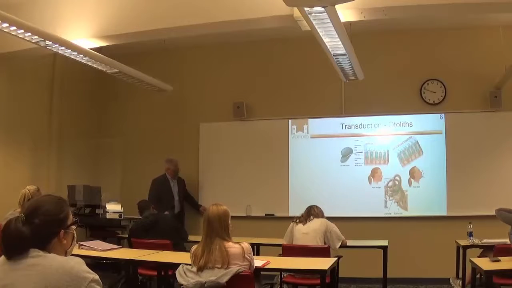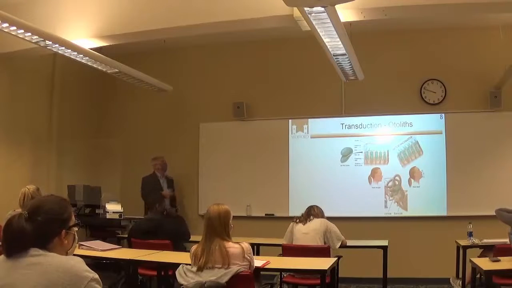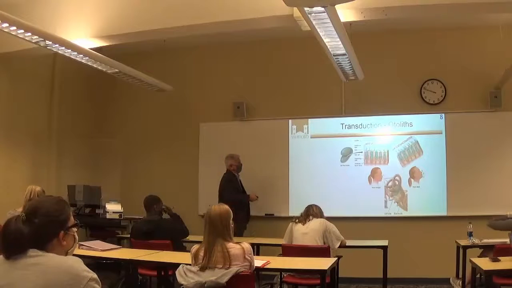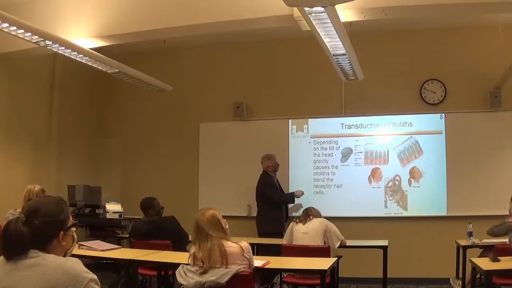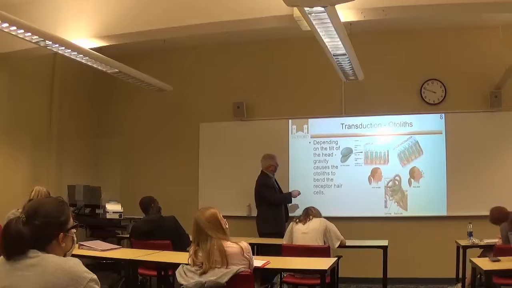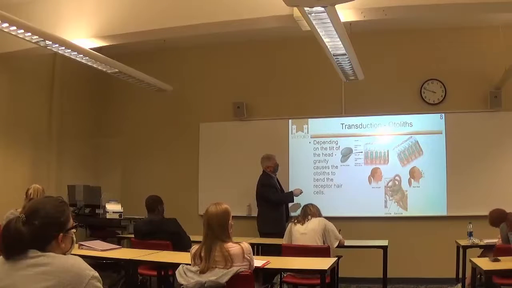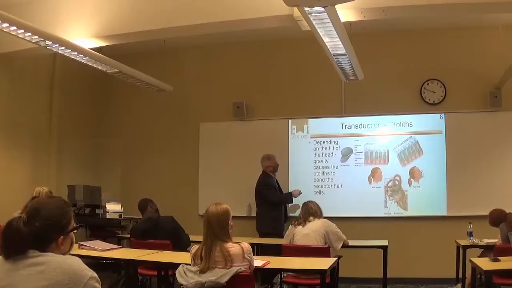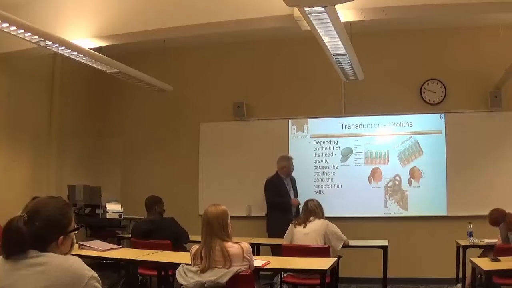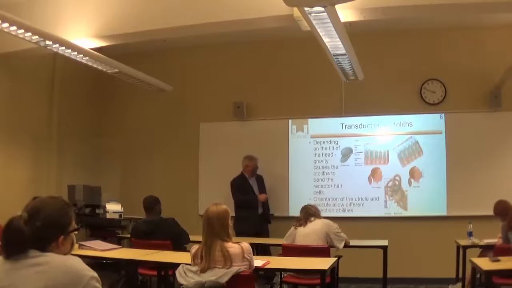All right, let's talk about how the otolith organs work. The otolith organs have hair cells, sort of like modified hair cells here, with these cilia sticking up. They're embedded in this sort of gelatin layer. Right? And on top of this are pieces of calcium chloride.